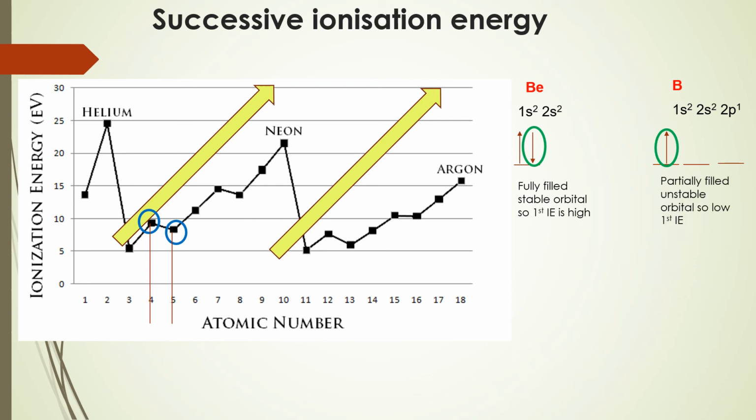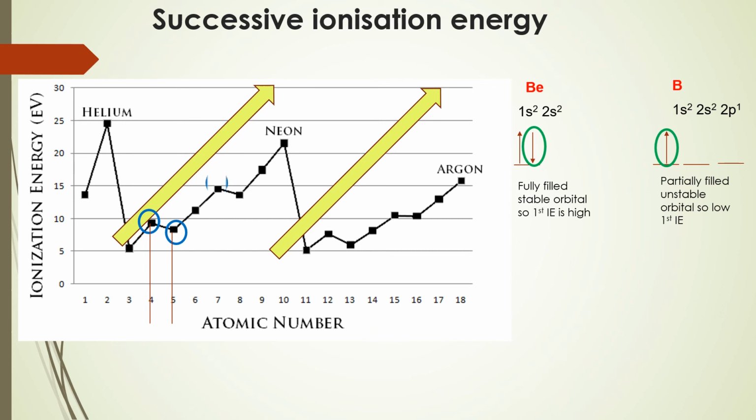For boron, this is the electron that is going to be removed, the one circled in green, and this electron is coming from a partially filled orbital, which is unstable, so the ionization energy is going to be lower. Once again, the first ionization energy is the minimum energy required to remove the last electron from the atom in the gaseous state.